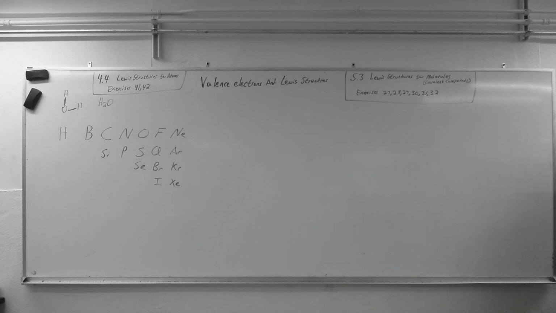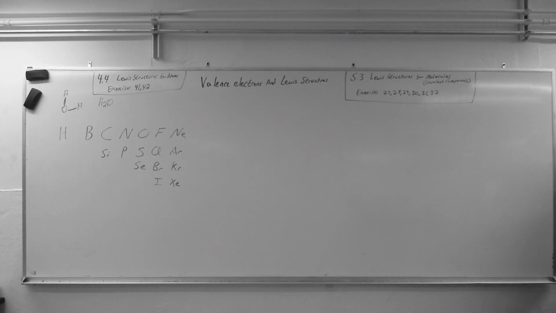If I ask you how many valence electrons does carbon have, you would look at carbon, put your finger on it, and count to the left. 1, 2, 3, 4. Carbon has 4. Nitrogen has 5. If you count, you go 1, 2, 3, 4, 5.